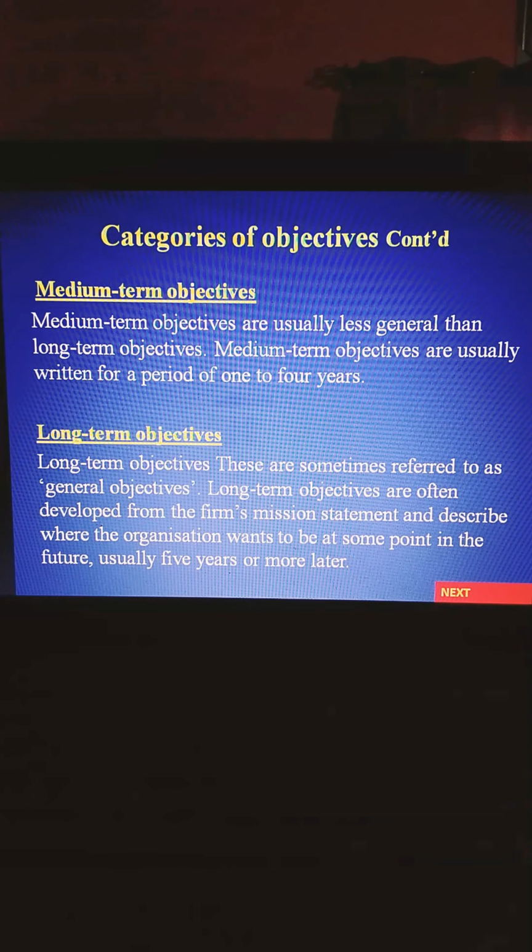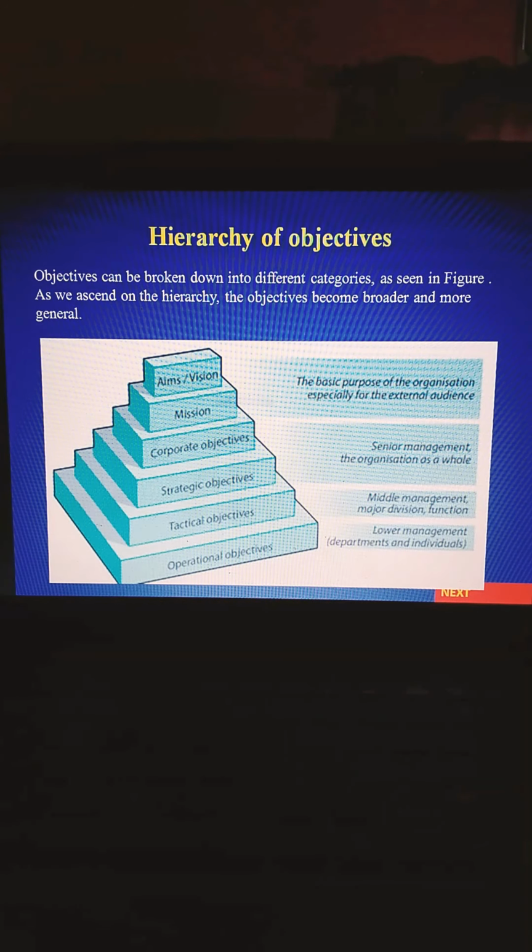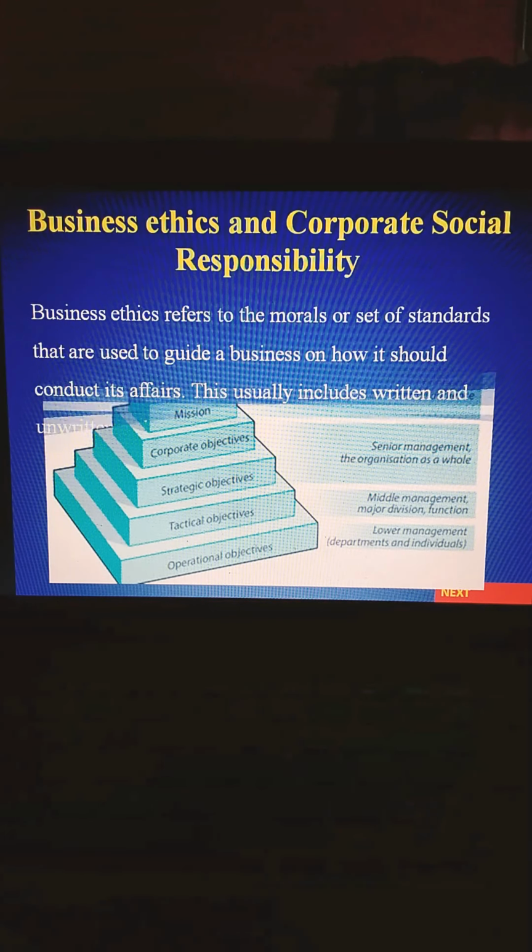And it usually is for 5 years or more. All right. You have types of objectives, and now we are looking at the hierarchy, meaning what is at the top and what is at the bottom.